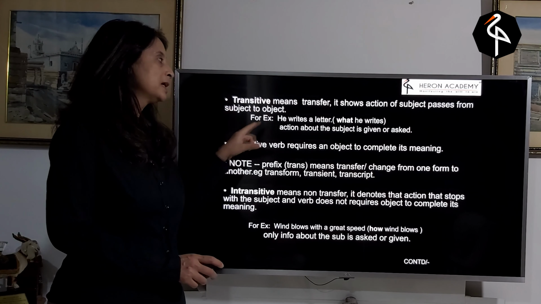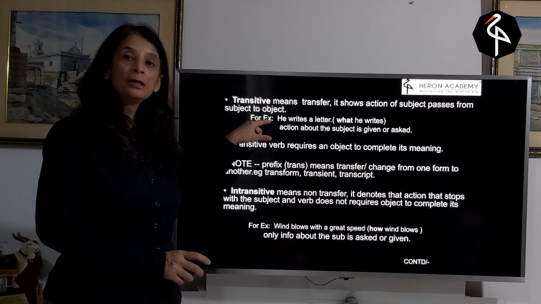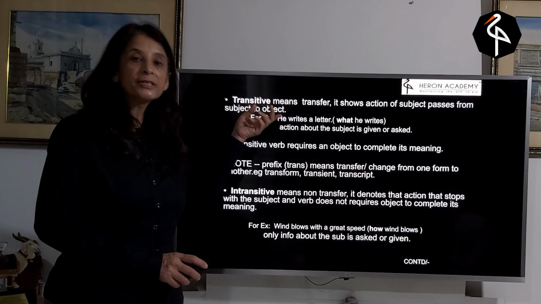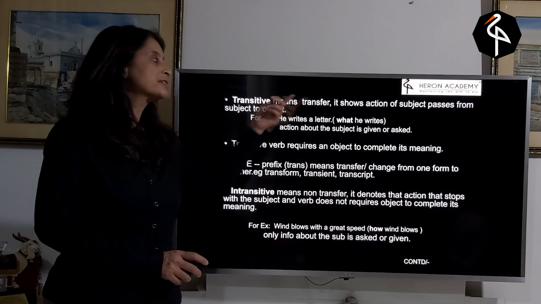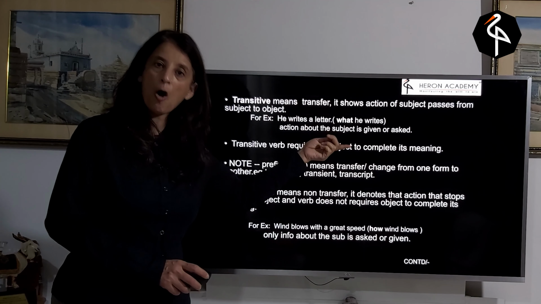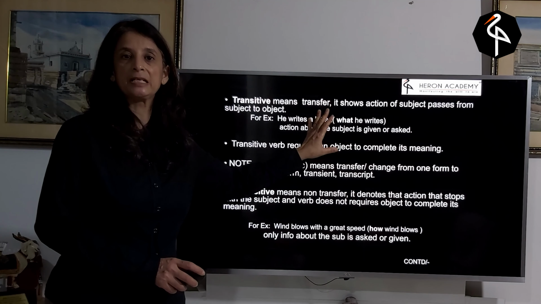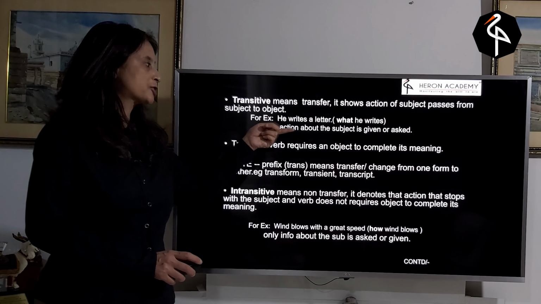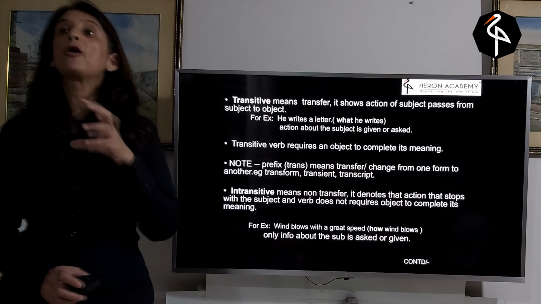So the action of the subject will always require an object. That means the verb requires an object to complete the statement. That means the transfer of an action from verb into object. So in "he writes", an action about the subject is given or asked.